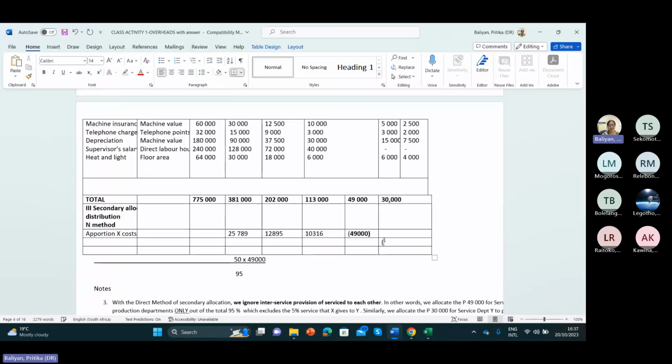The Y department cost is 30,000. Okay. Now our job is that this 30,000 cost we have to take from the service department and share only among the production departments. That is what we need to do now. Okay. So how are we going to do it?